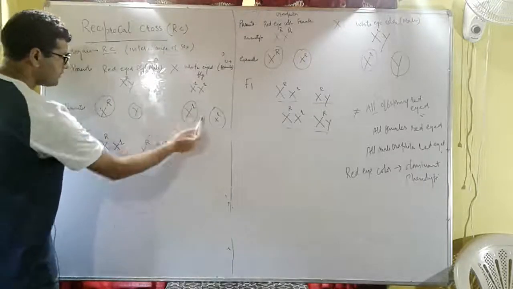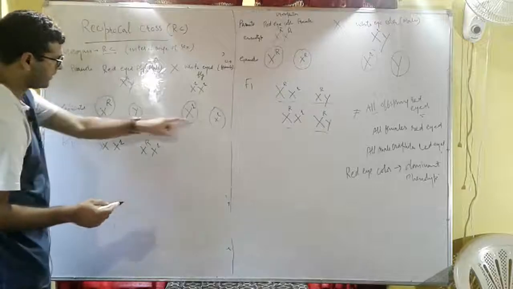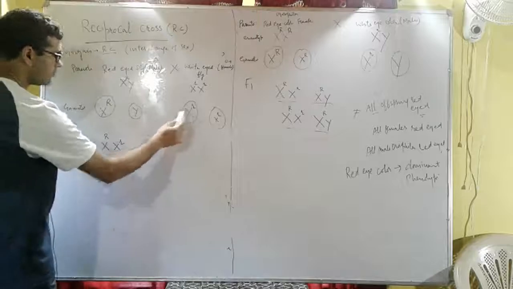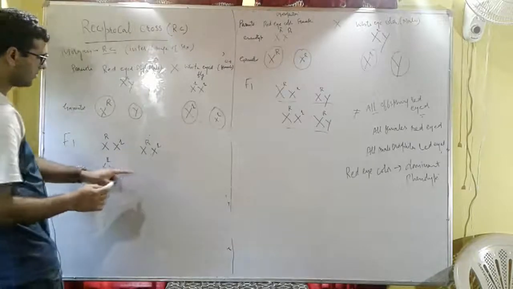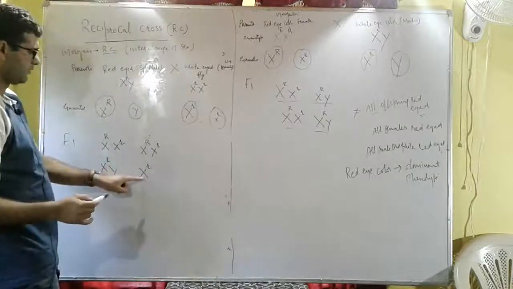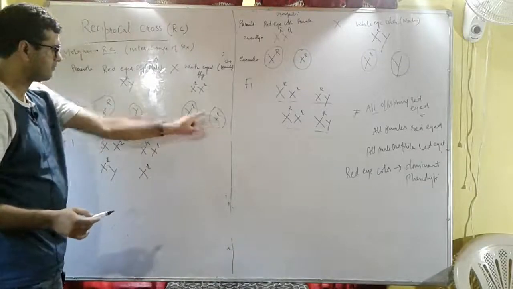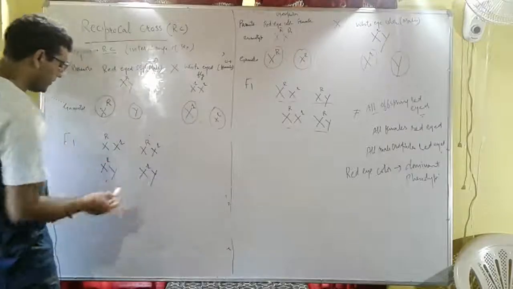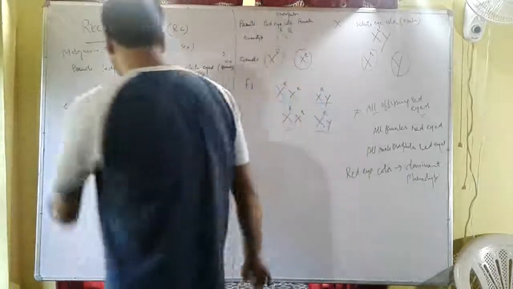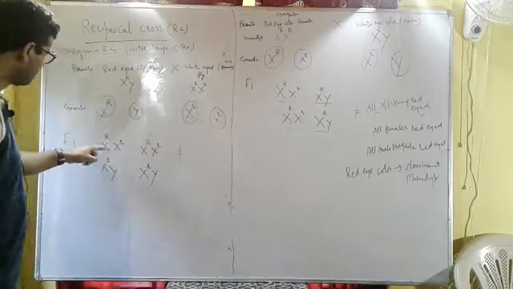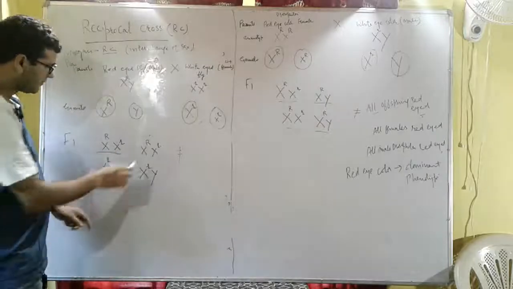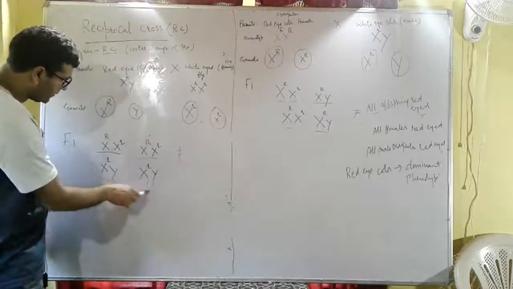Then we have X small r and Y, that is XY. So what is the result of this cross? We have this red-eyed, this red-eyed, this white-eyed, this white-eyed.